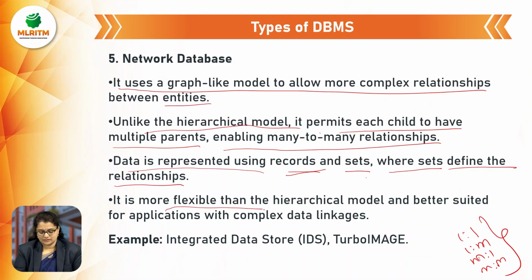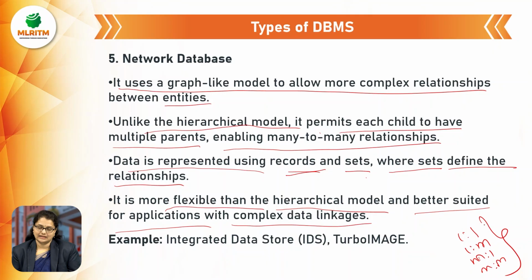It is more flexible than the hierarchical model and better suited for applications with complex data linkages. Compared to a hierarchical data model, this is very flexible. We can access and store very complex data also. Examples of this network data model are Integrated Data Store, that is IDS, and TurboIMAGE.